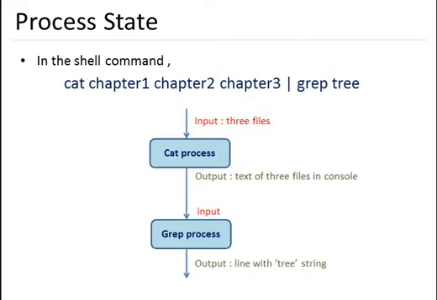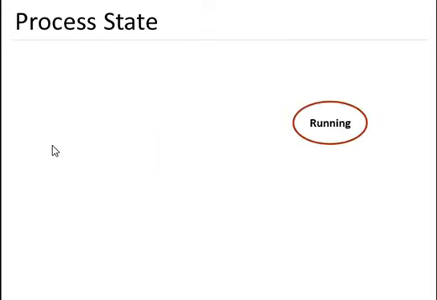Here you can see that whenever two or multiple processes communicate, some processes may be running while others are blocked depending on other processes. Let's move to the next slide.